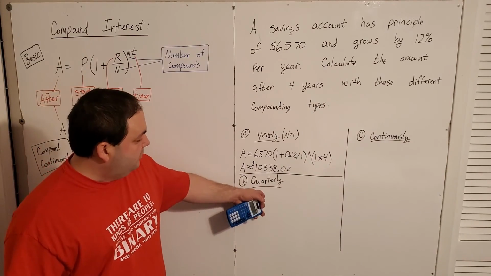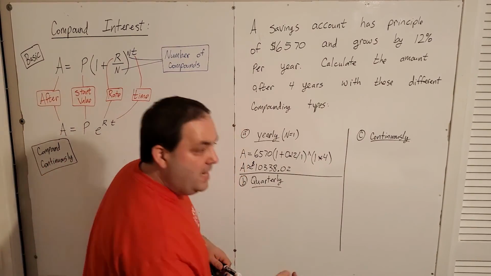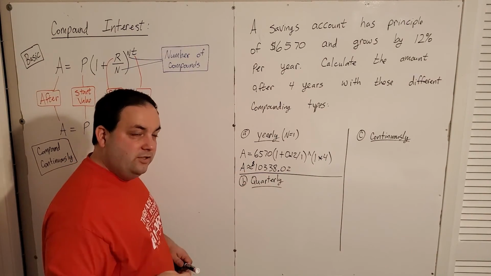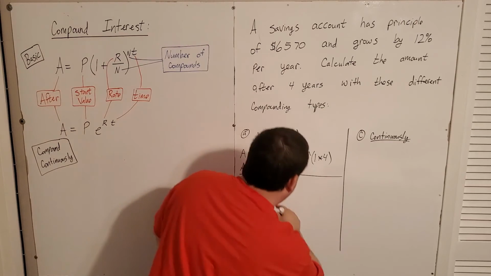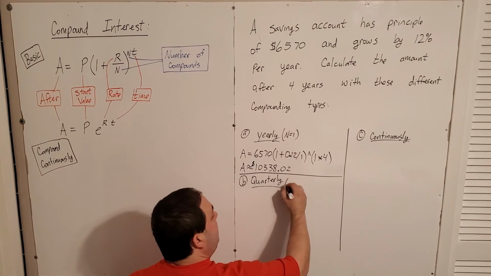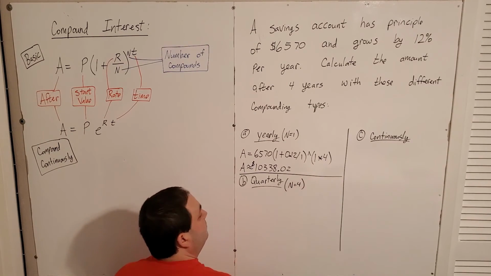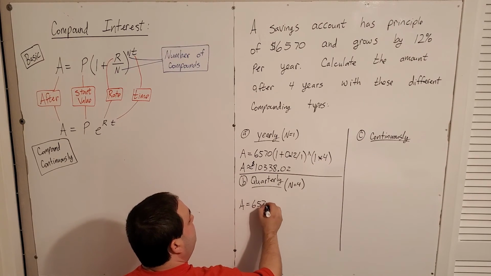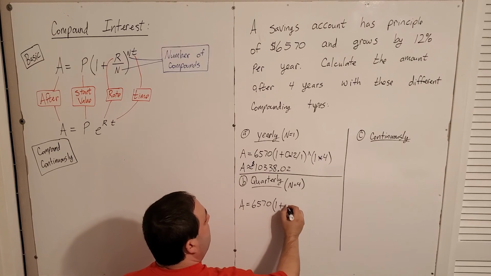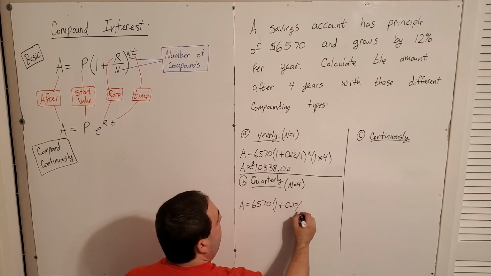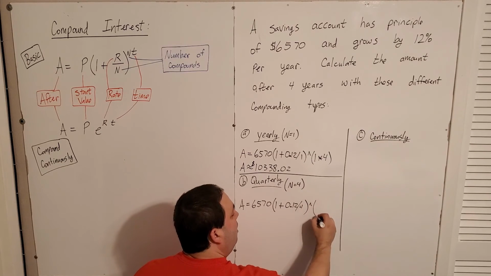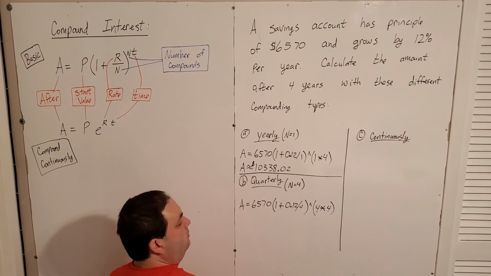Okay, now let's do quarterly. Quarterly just means that I'm splitting the year into 4 pieces and doing the interest each time. So that means in this case, quarterly means that n is 4. So A in this case would be equal to 6570 times 1 plus, same interest rate, but now it's divided by 4, and it's raised to the power of 4 times the time, which also happens to be 4.